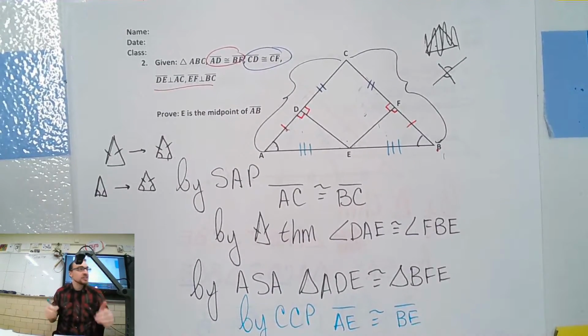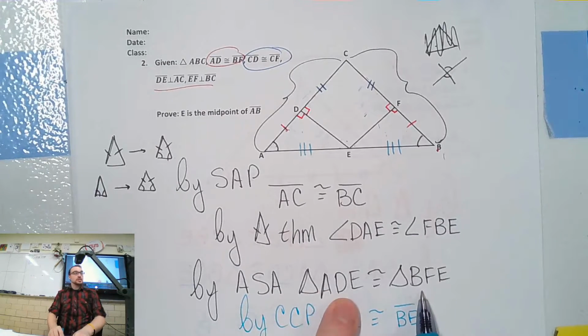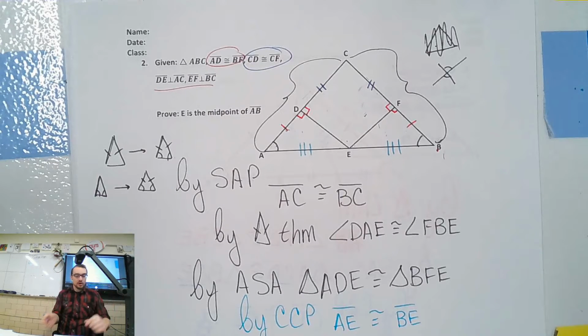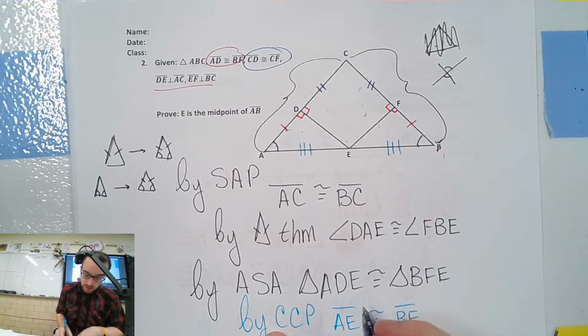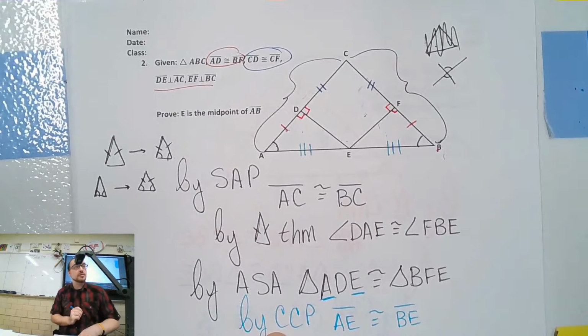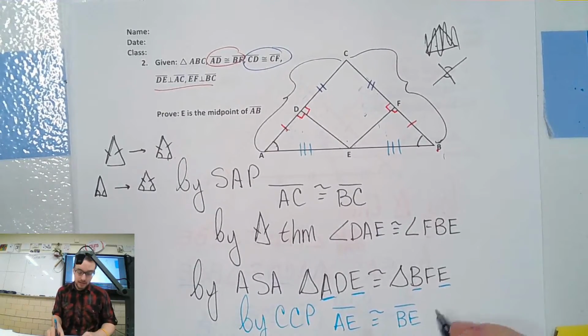Remember, CCP means that if the triangles are congruent, which we just got done saying, then their parts should match up. There should be congruent parts. Well, which parts? The ones that are corresponding. AE and BE are corresponding because if you look, A and E are in the first and third, and so is B and E. So we're allowed to say that.